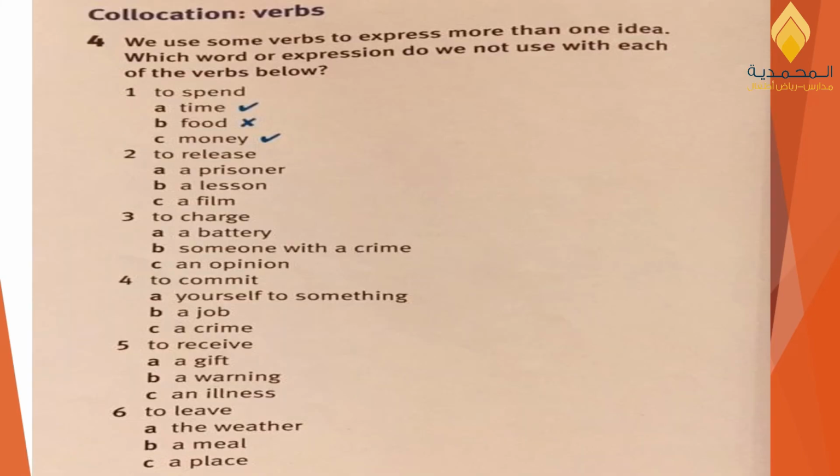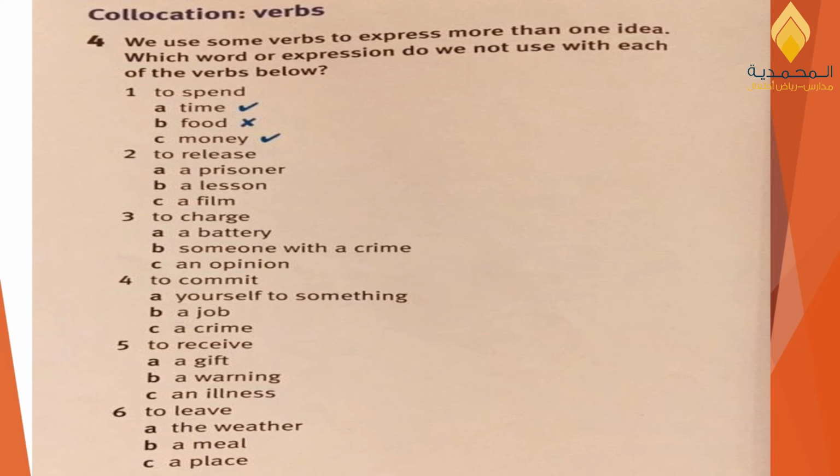Collocation. Collocation is a linguistic term in which we say that words are placed together or used together. In this case, we're going to be introduced to collocation with verbs plus nouns. 4. We use some verbs to express more than one idea.